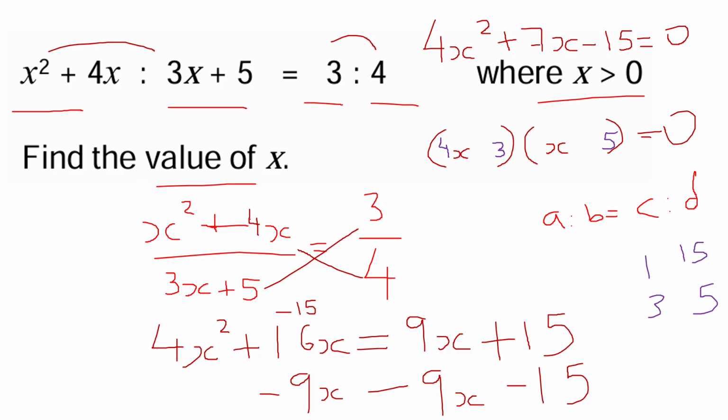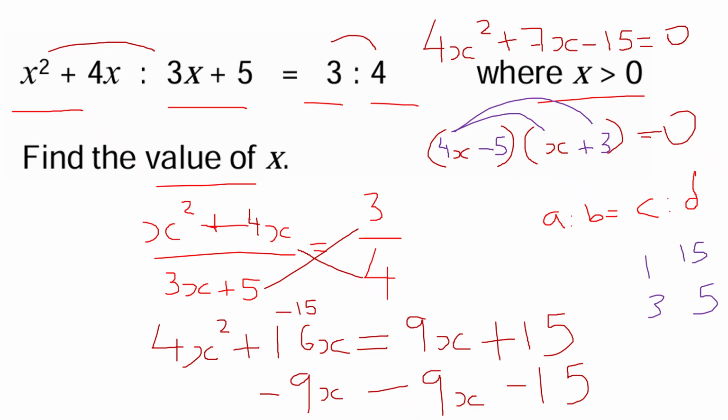I'm going to switch the numbers around, putting a 3 here and a 5 here. 4x times 3 makes plus 12x, then I've got minus 5x, and 12x take 5x makes 7x. Then minus 5 times plus 3 makes minus 15. So yes, that is correct.